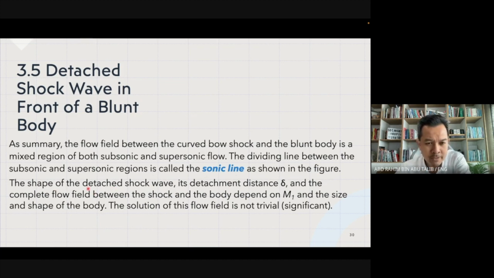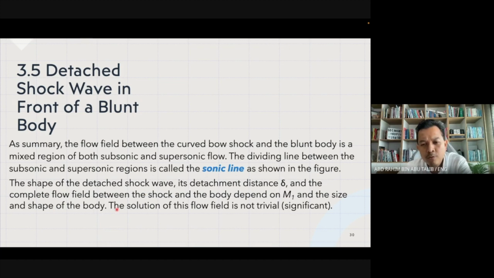The shape of the detached shock wave, its detachment distance delta, and the complete flow field between the shock and body depend on the Mach number M1 and the size and shape of the body as well.